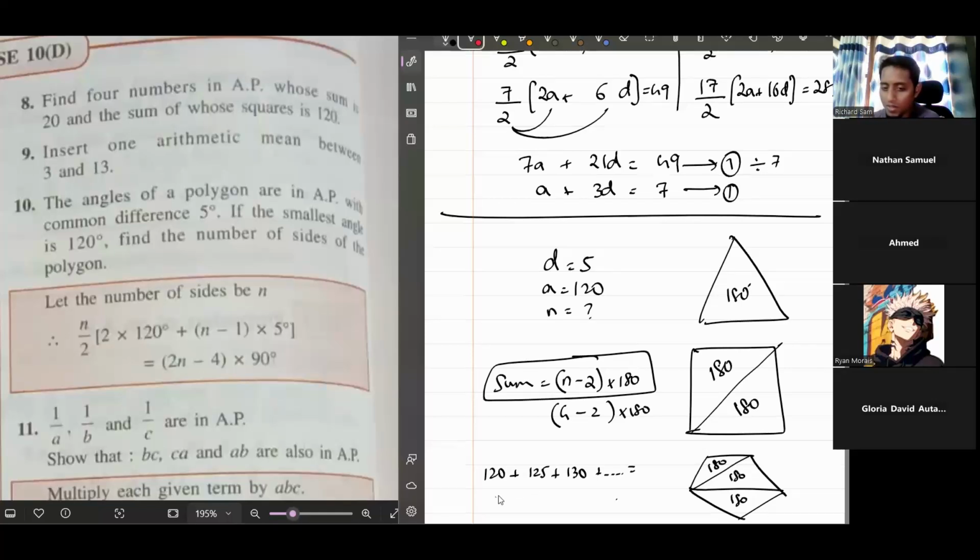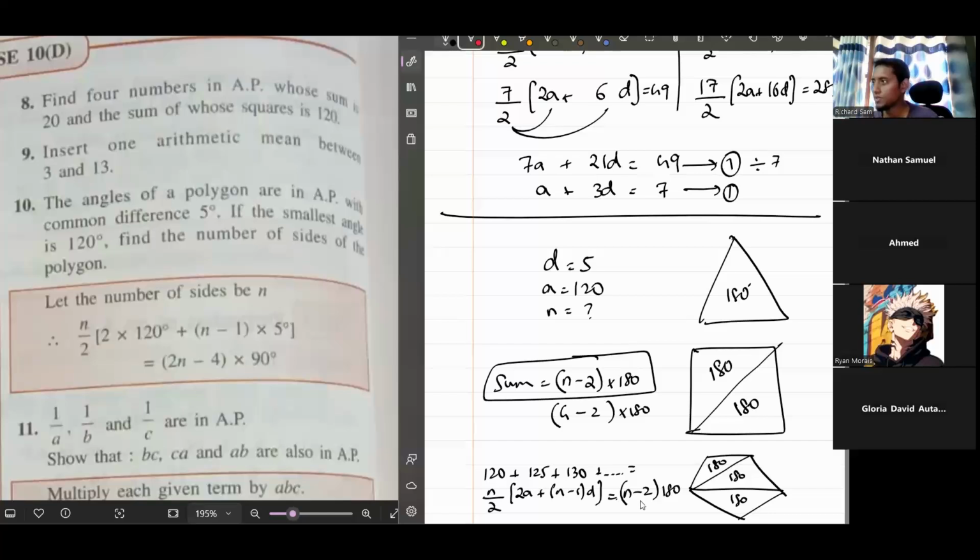What is that formula? n upon 2 into 2a plus n minus 1 into d. This is the formula that we have, and it is equal to n minus 2 into 180.